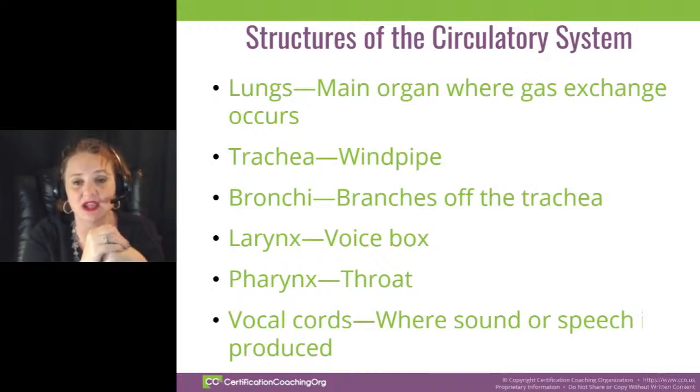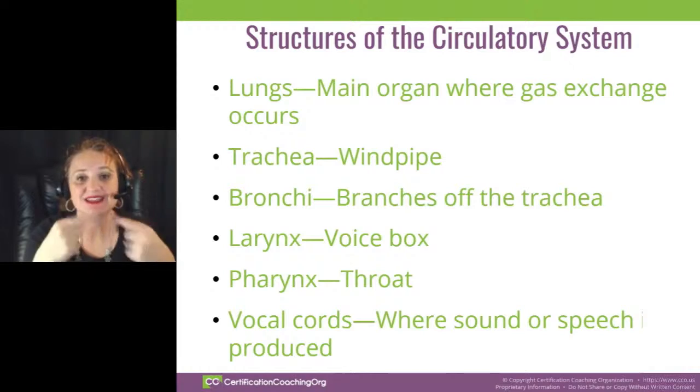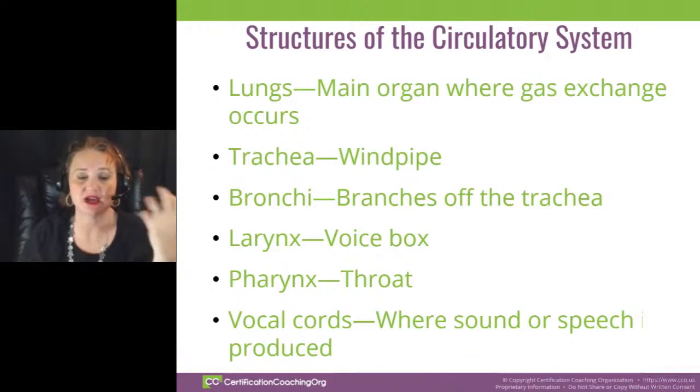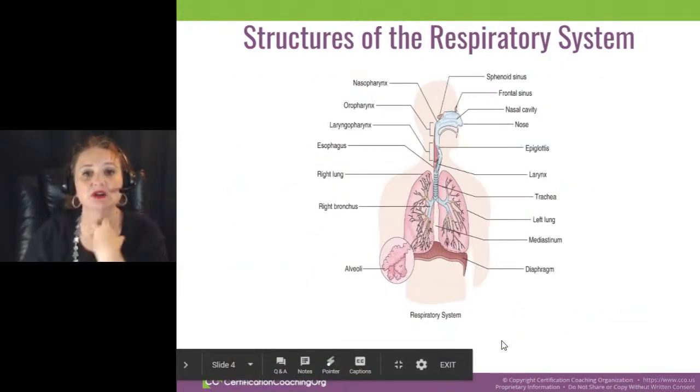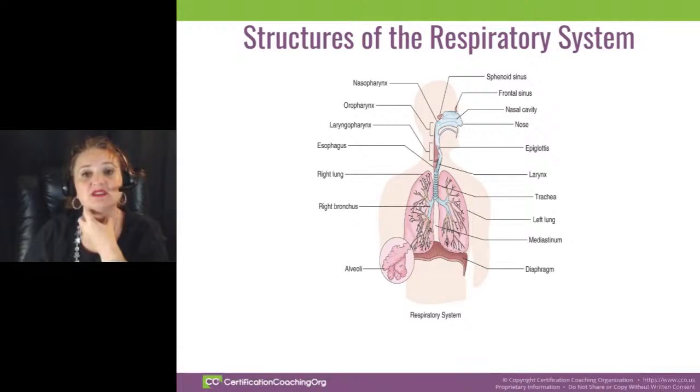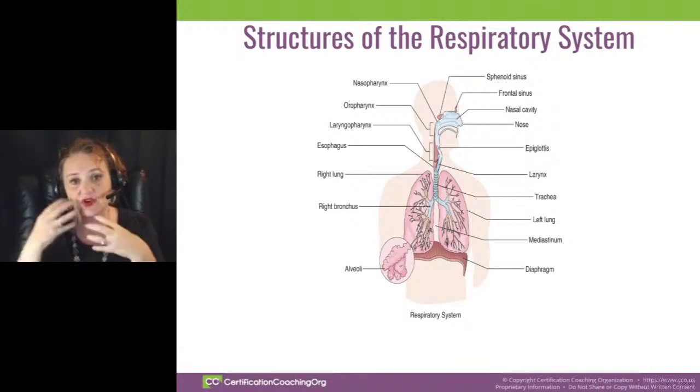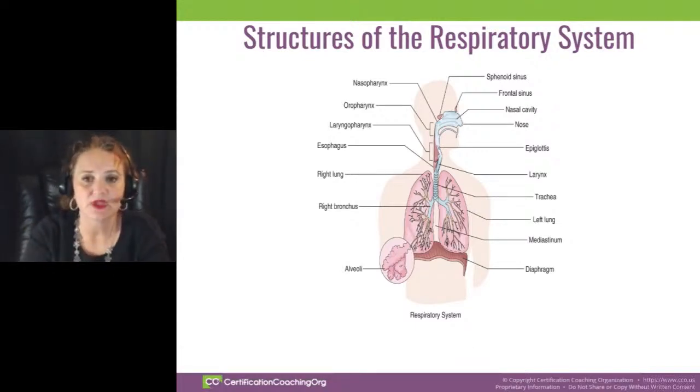The pharynx is the back of the throat, and then the vocal cords are where we actually get the speech, and that's in the larynx. So the larynx is the voice box, but the vocal cords are inside the larynx and allow us to make the sounds come out, and then our tongue and mouth articulate the words.